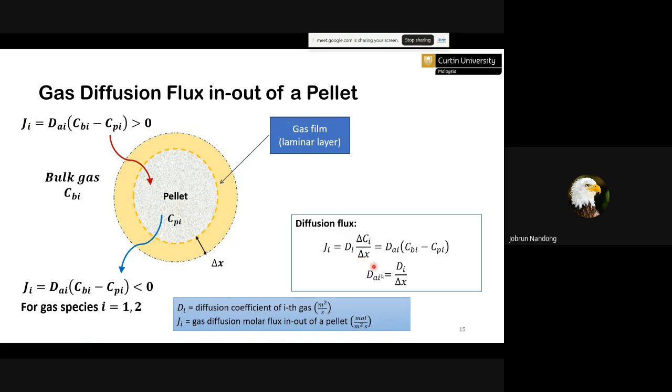Delta X we don't know, so we can lump them together as DAI. If we don't know the exact value for DAI, we can look at the literature, or there's a certain method to calculate it. But I will not include this in this workshop. We don't have enough time for that. So what we can do is play around with DAI to see the diffusion effects on the overall reaction. We can use this as our control parameter.